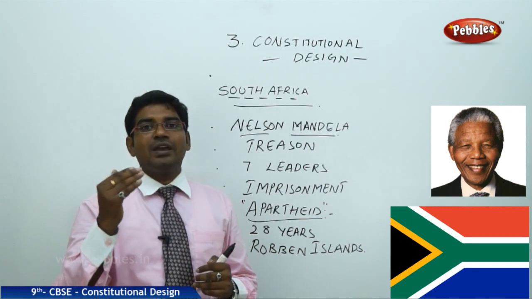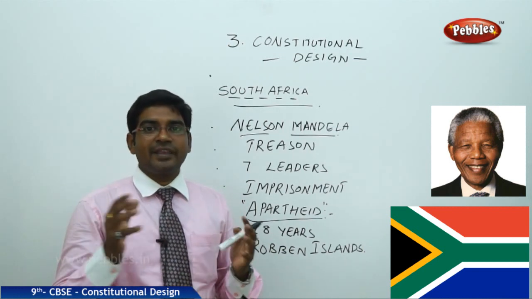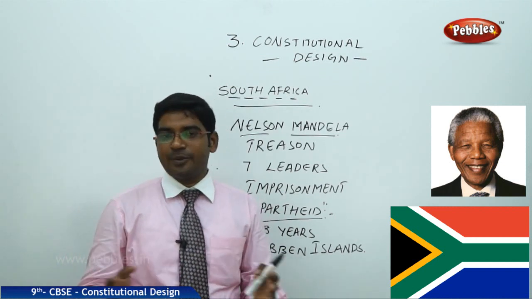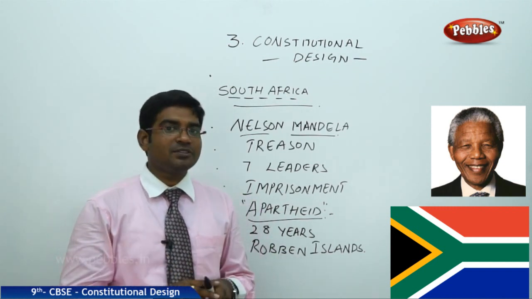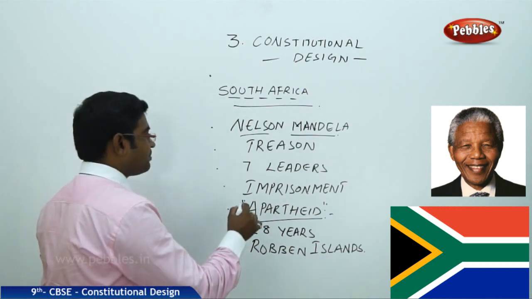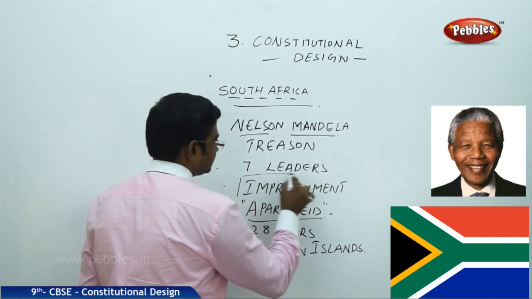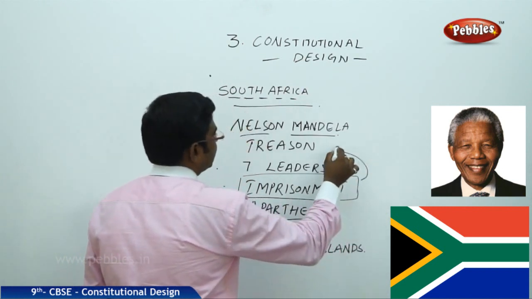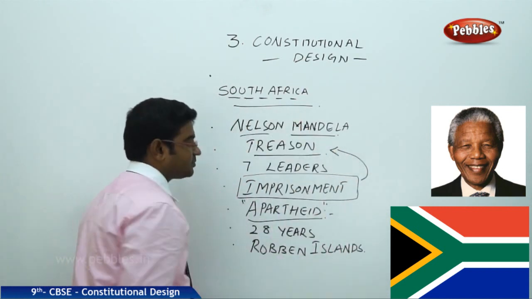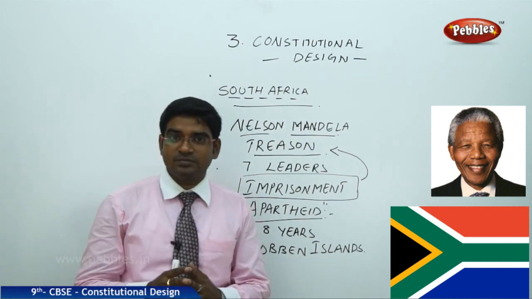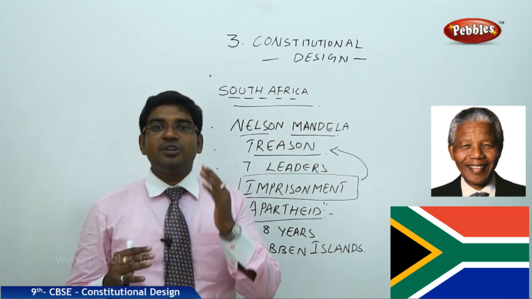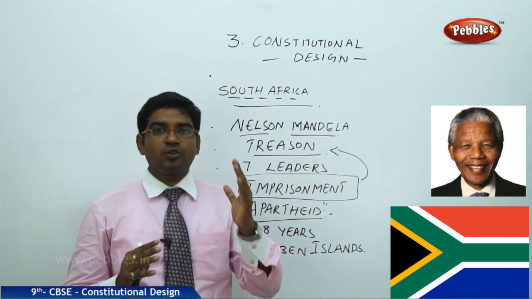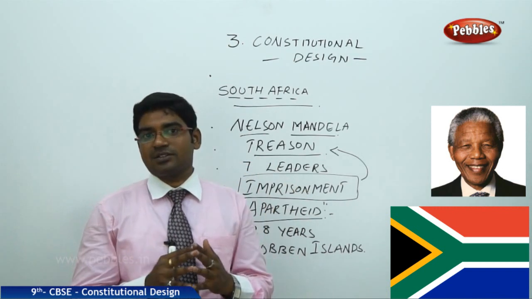Along with him, seven other members raised their voices. As usual, the ruling government put Nelson Mandela into imprisonment on the charges of treason against the government. What is treason? Treason means betraying the government, betraying the rule of a ruler or the monarch.